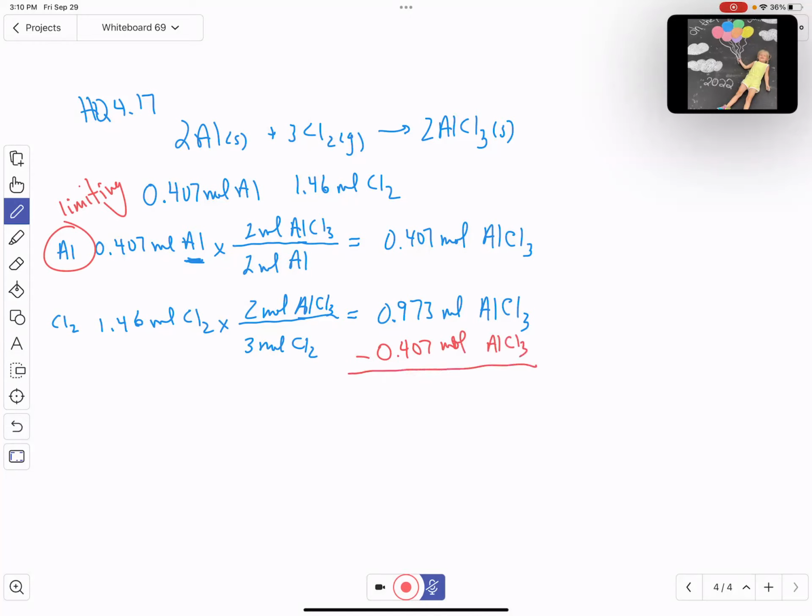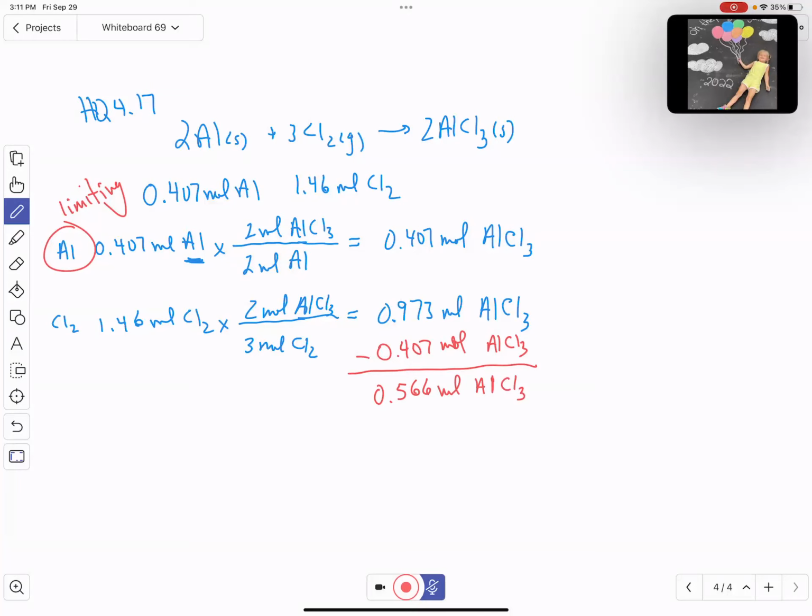We want to subtract to see how many moles of excess, right, we would have had. And then we'll work backwards and convert this back into chlorine. So 0.973 minus 0.407, right? Okay, I could have made an extra 0.566 moles of aluminum chloride, but I didn't.